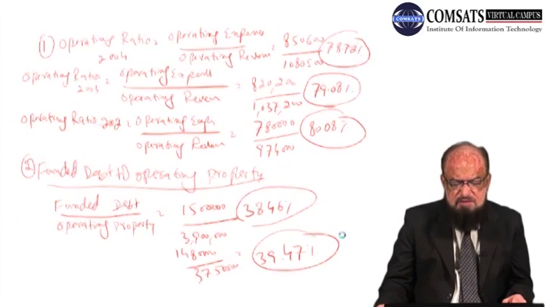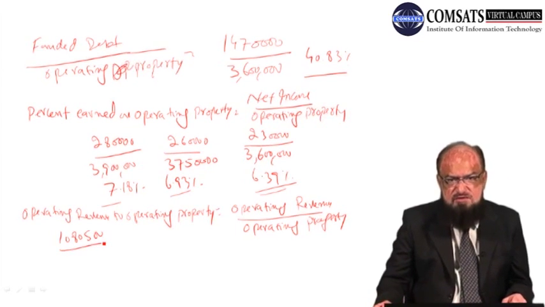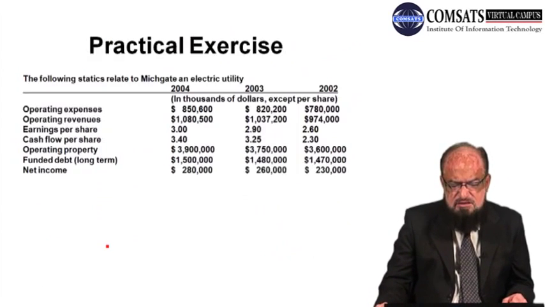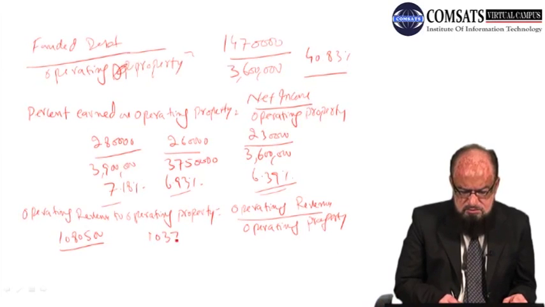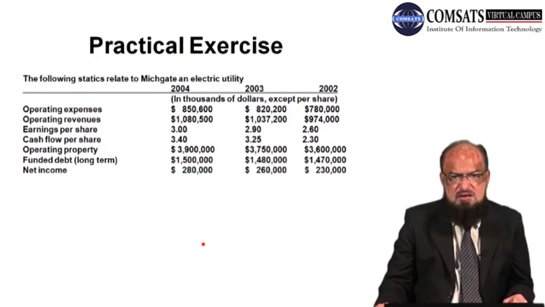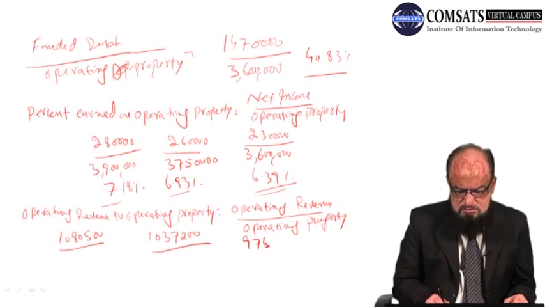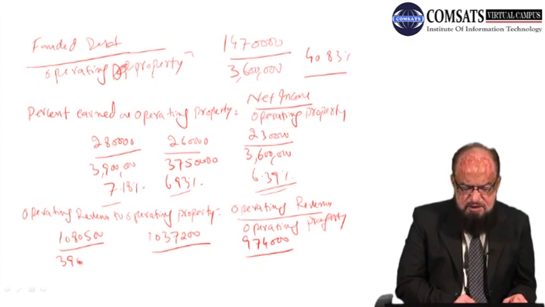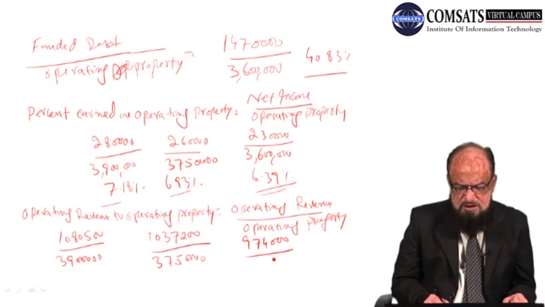$10,80,500 for year 2004, then for year 2003 it is $10,37,200, then for year 2002, 9,74,000, divided by operating property 3.9 million, 3.75 million and 3.6 million.